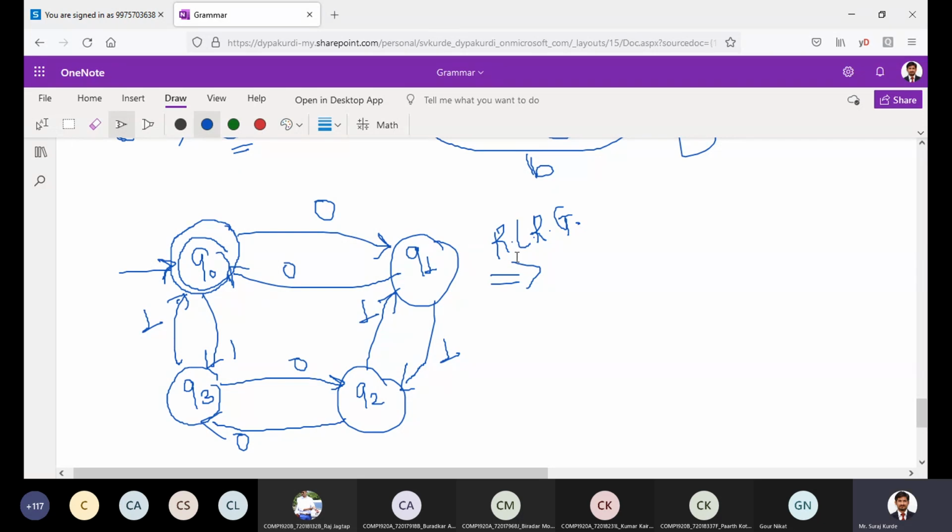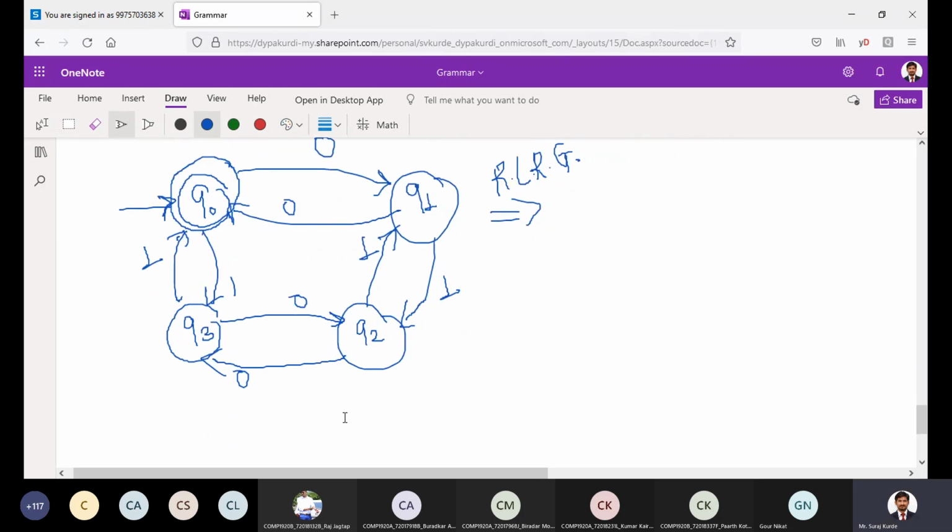This is DFA to right linear. Find the grammar, and for the second, an even grammar is there.